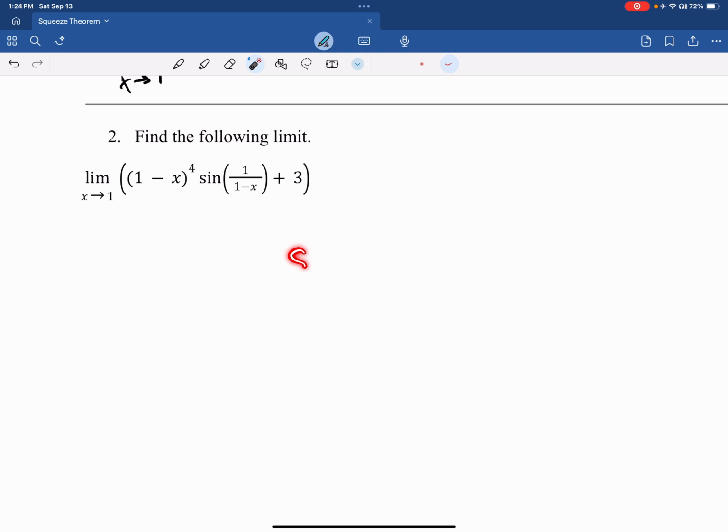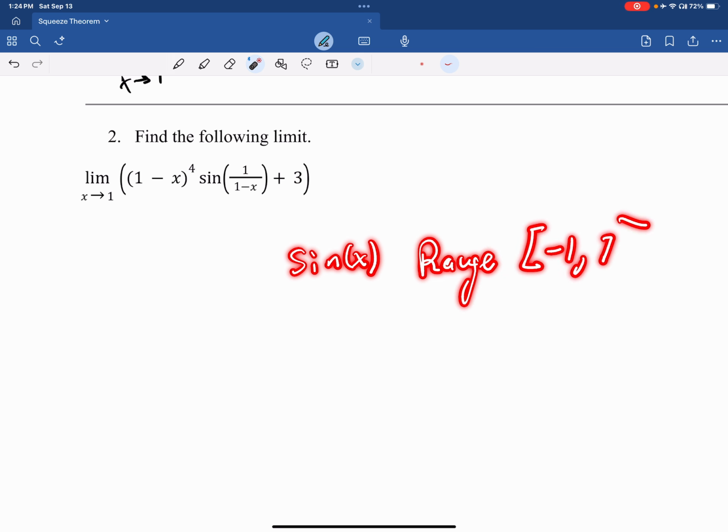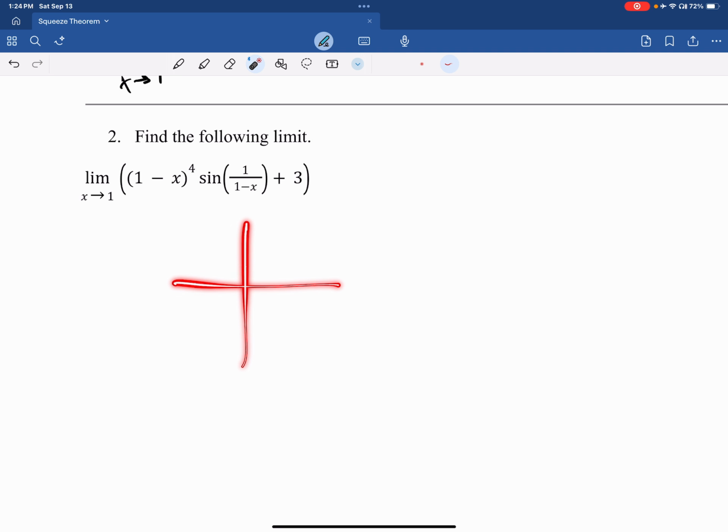First of all, you should know that the sine of x, when you look at that function, has a range of -1 to 1. The only values that can come out of sine is between -1 and 1. And if you remember the graph of sine, you can remember that it's bound between -1 and 1. So that's my range, that's the y value. So no matter what, whatever number comes out of here has to be between -1 and 1.